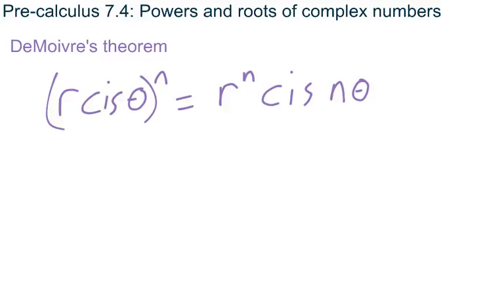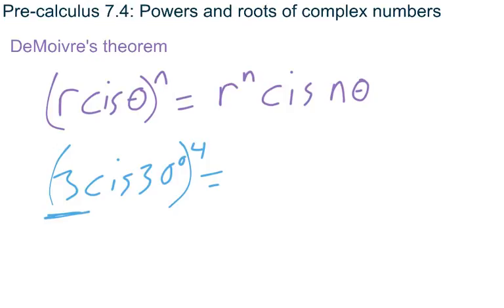Fortunately, a guy named DeMoivre came up with a theorem that once you put a complex number in polar form, it makes it a lot easier. Once it's in polar form, something like 3 cis 30 degrees, if it's raised to a power, say the fourth power, you can simply raise the modulus to the power, so that would be 3 to the fourth, and then multiply the argument or the angle by that power, so that 30 degrees would be multiplied by 4.